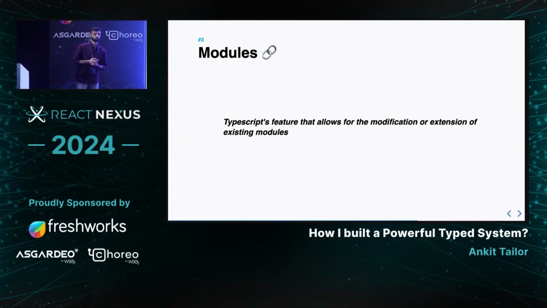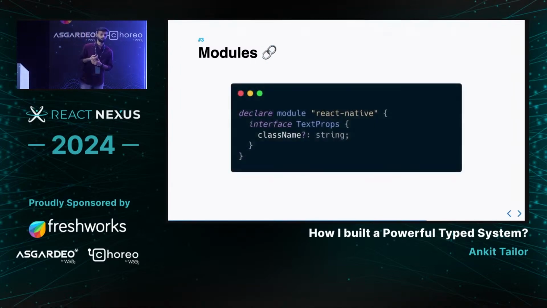To do that, we can use modules. Modules is a feature that allows for modification or extension of existing modules. For example, we have here declare module React Native, and I want to add className to the props of Text, because Text does not have a className property in React Native. So you can do something like this, and this will extend the module.